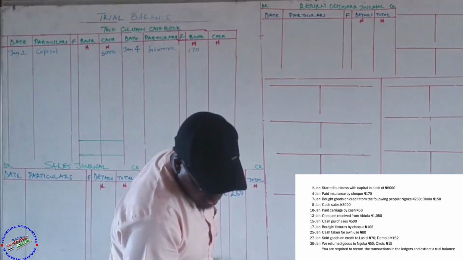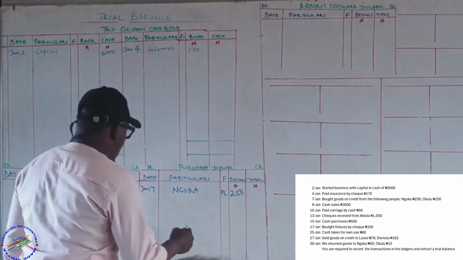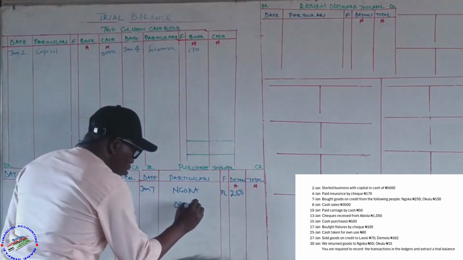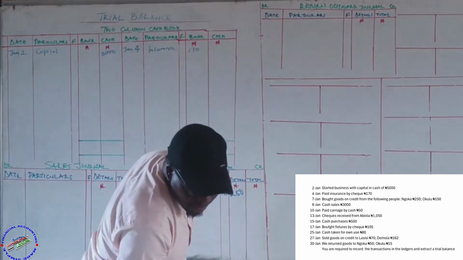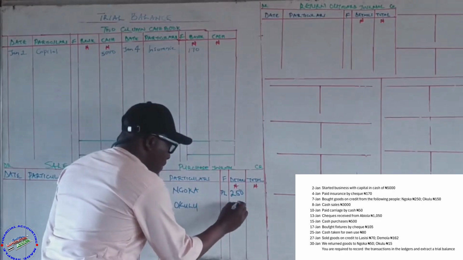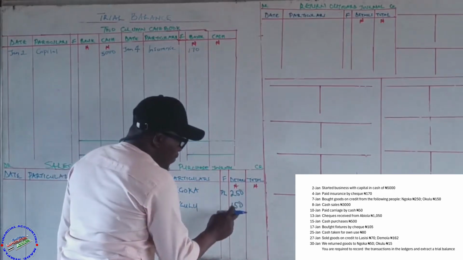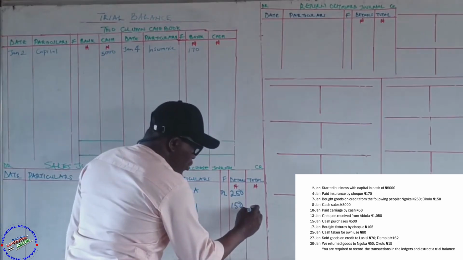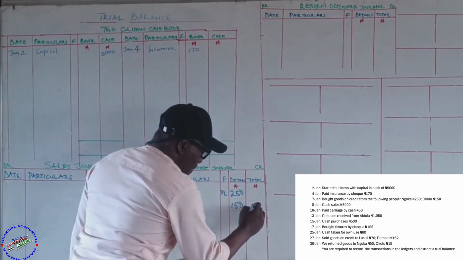So Ngoka is 250, and Okulu on the same day is 150. When we add these together, we have 400, and the 400 will go to the totals.